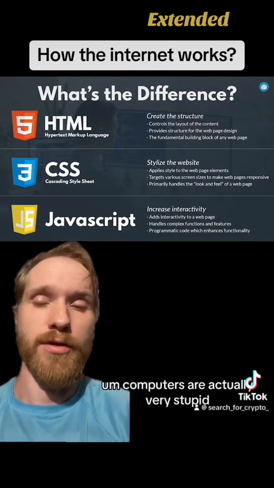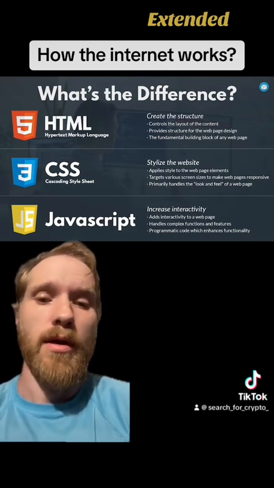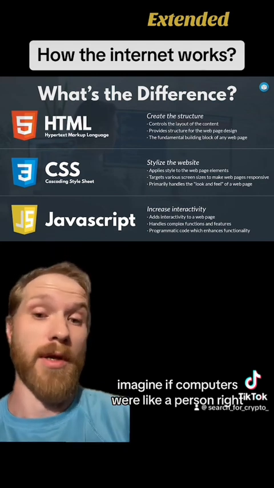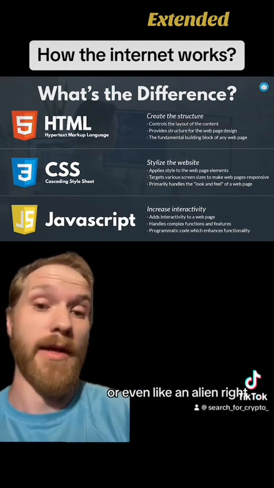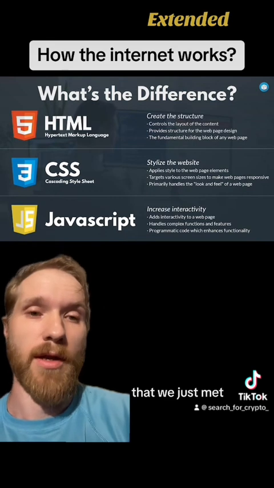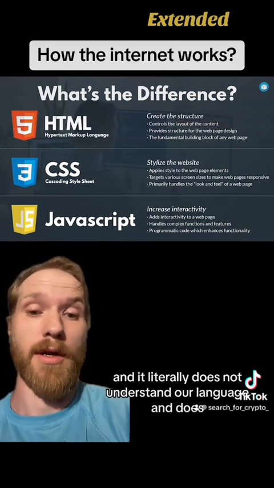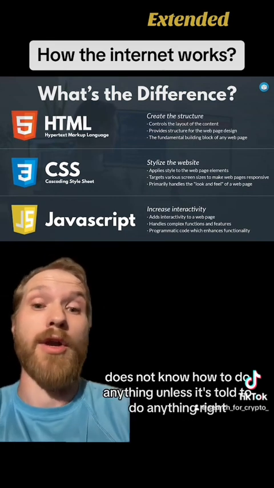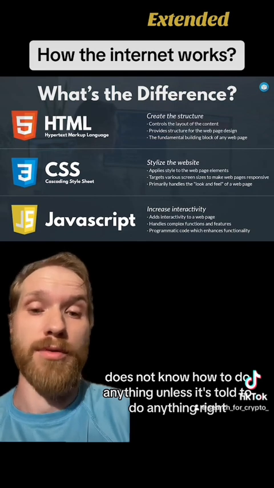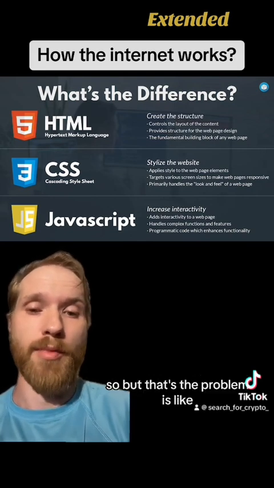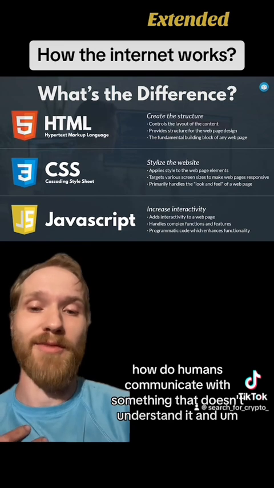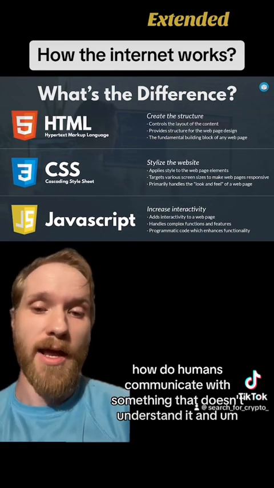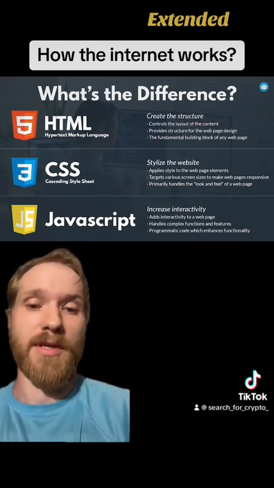Computers are actually very stupid. Imagine if computers were like a person, or even like an alien that we just met, and it literally does not understand our language and does not know how to do anything unless it's told to, right? But that's the problem: how do humans communicate with something that doesn't understand and doesn't know how to do anything?